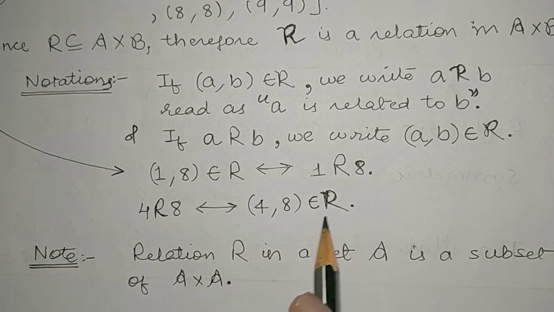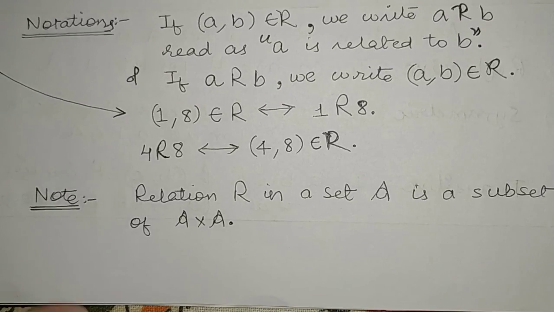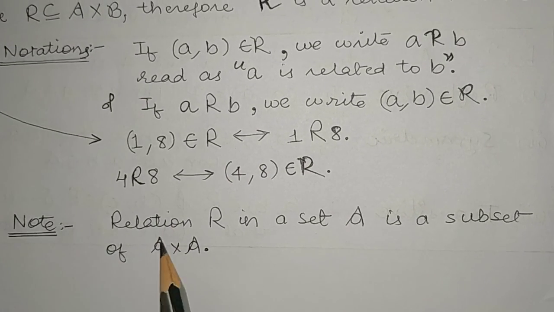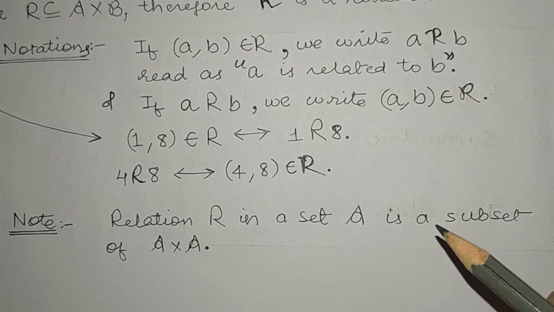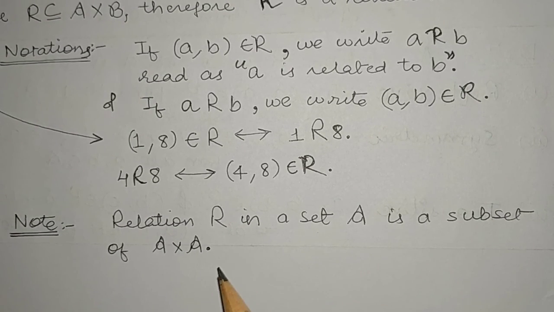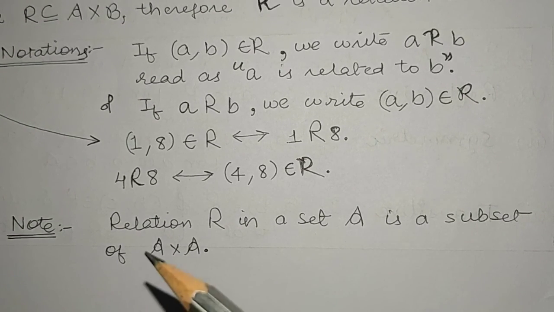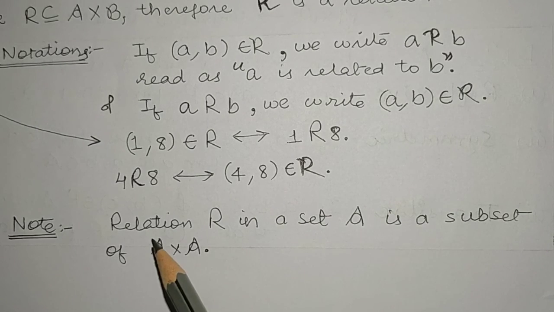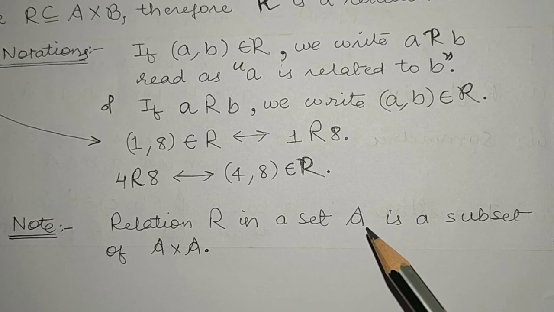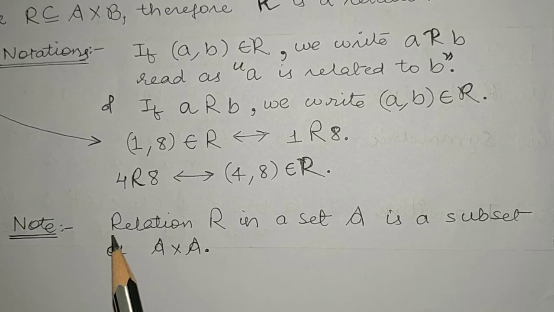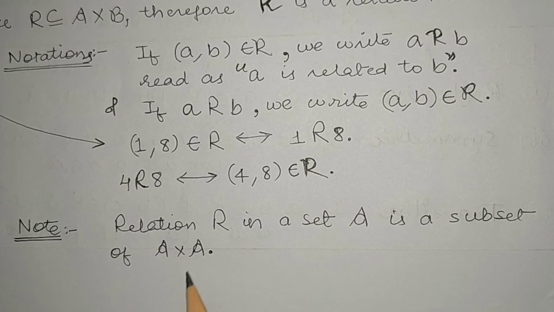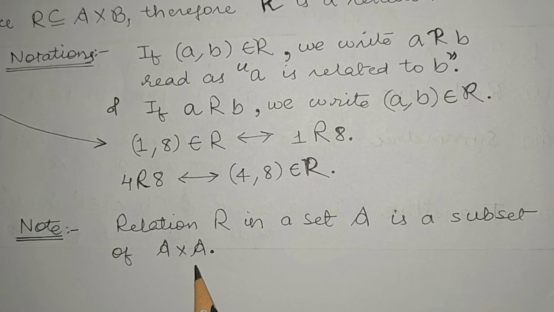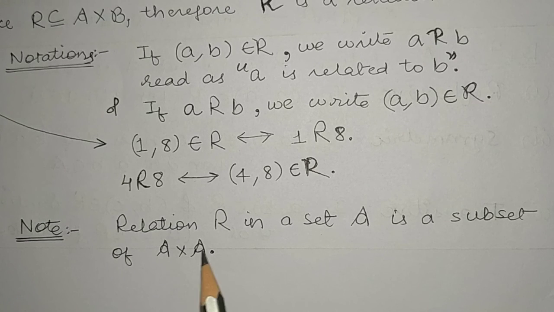So we have also seen this example. Now let us look at the note. The note here is: a relation R in a set A is a subset of A cross A. If we consider a relation R in a set A, it means this relation R is a subset of the set A cross A. So we don't have another set B here.